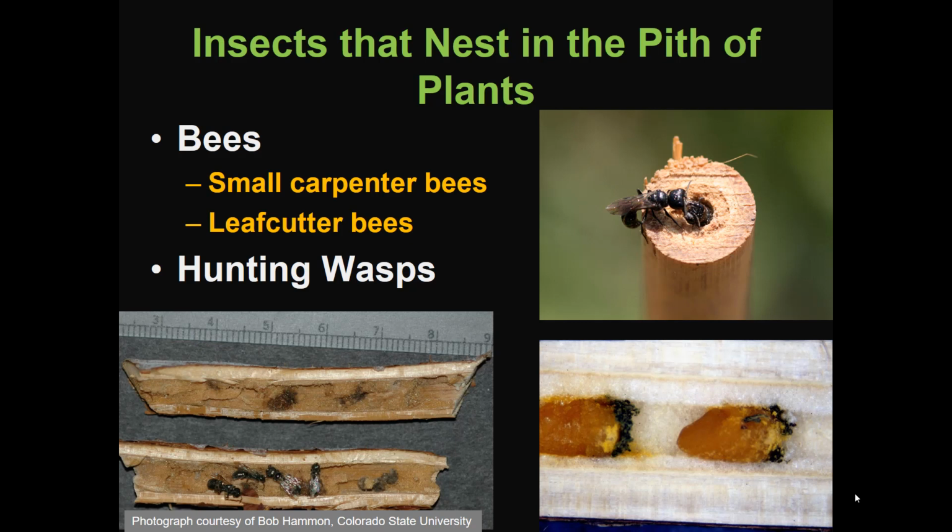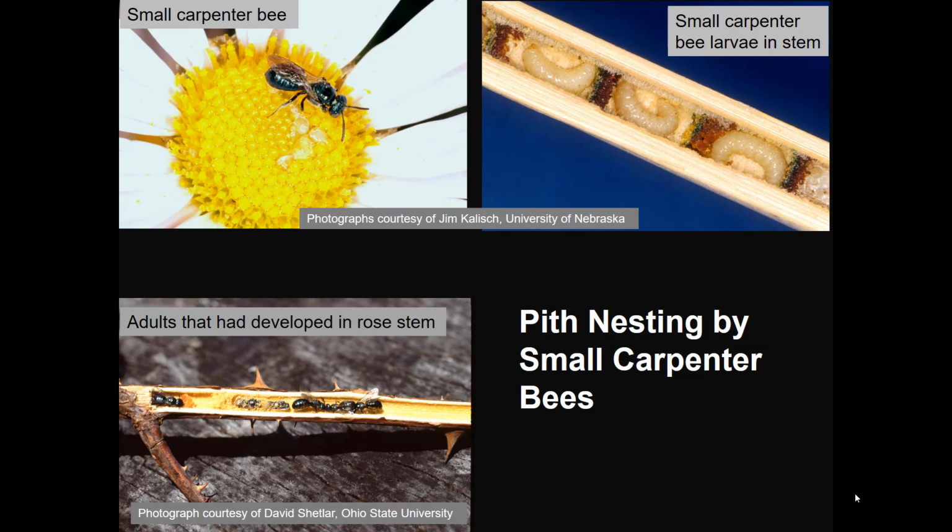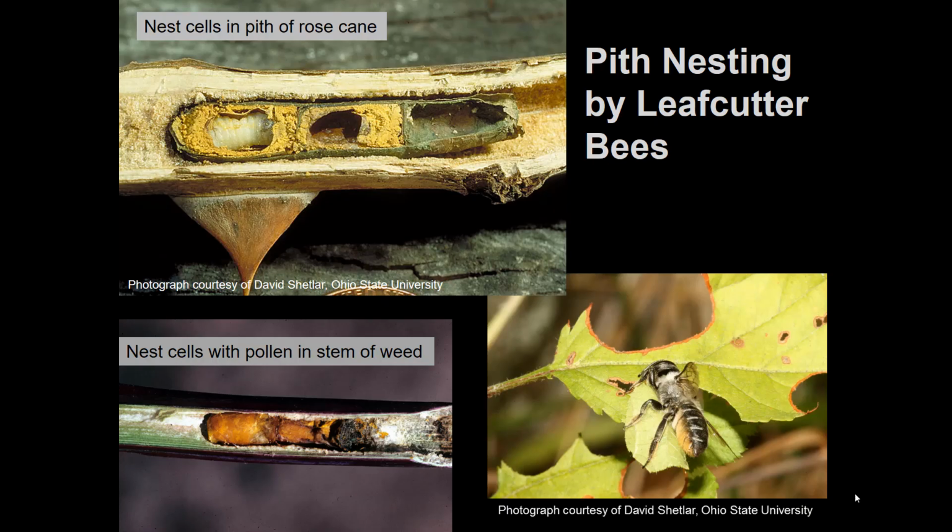And then they will make cells and pack it with pollen and nectar, enough to support one young. You can also have leafcutter bees going in and hunting wasps. So this would be pith nesting by some small carpenter bees. And you might see little cells with a bit of kind of chewed plant material between each one within the stem. And so that's one group of native bees, the small carpenter bees.